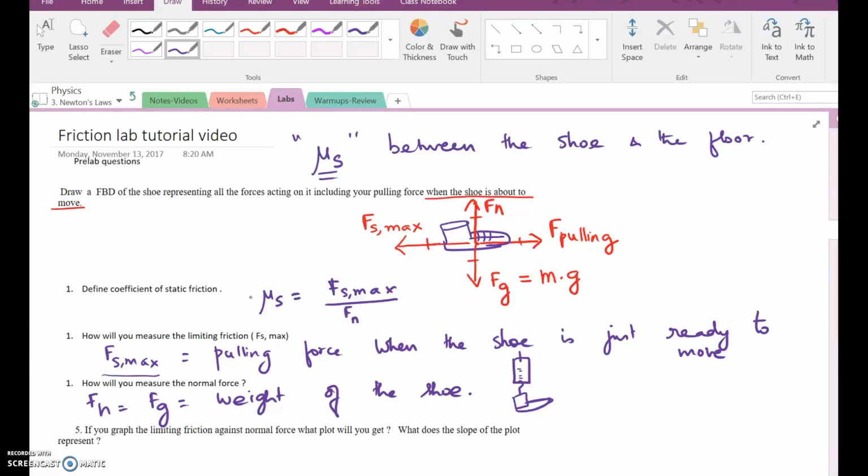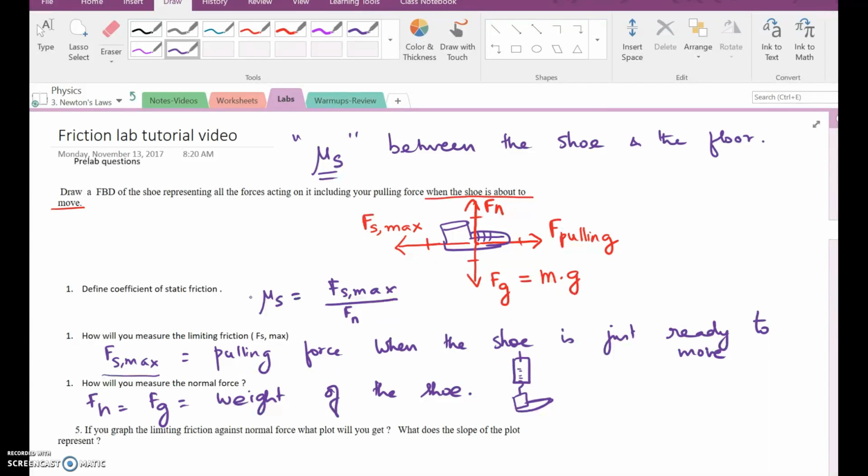But in any good experiment, we want to do multiple trials so that we can get an average value of the constant that we are trying to determine. So that means we want to repeat multiple trials by varying the normal force. How can you change the normal force on the shoe? You guessed it right. We are going to add some weights into the shoe, thereby making the normal force on it larger.